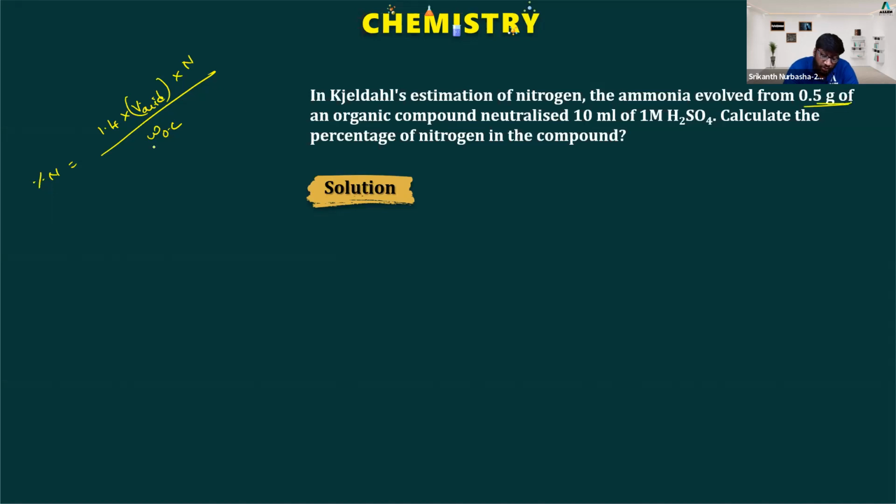The weight of organic compound is given as 0.5 grams, and 1.4 is a constant. You find out the volume of acid reacted with ammonia and normality. Do the calculation, all of you.